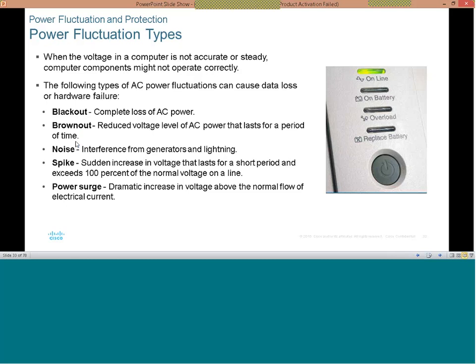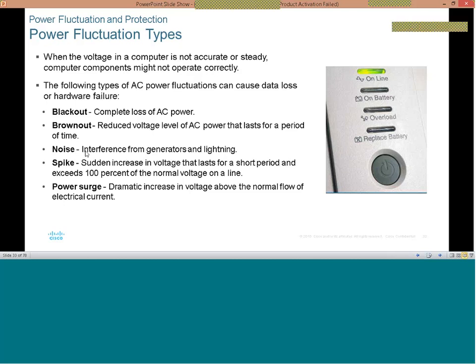So a reduced voltage level that lasts for a very long time is called a brownout. Interference from generators and lightning introduces what we call noise. You might say there's so much noise in this power transmission.